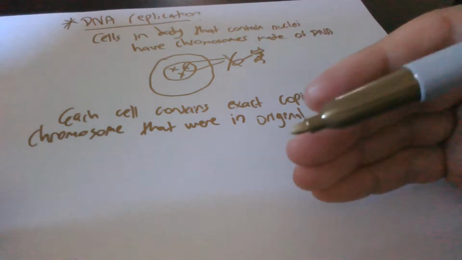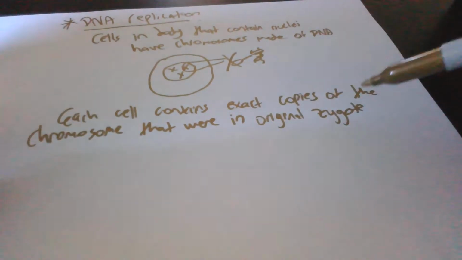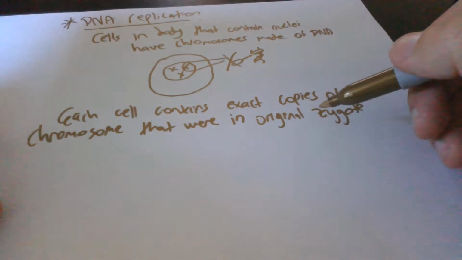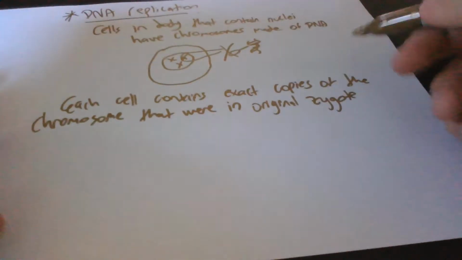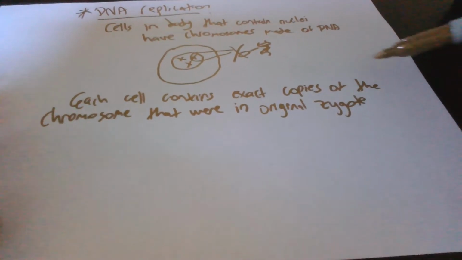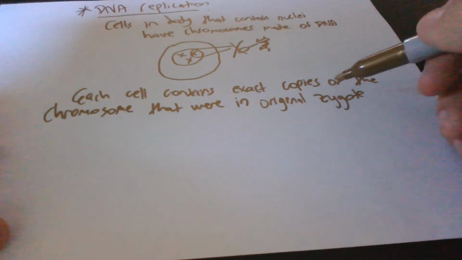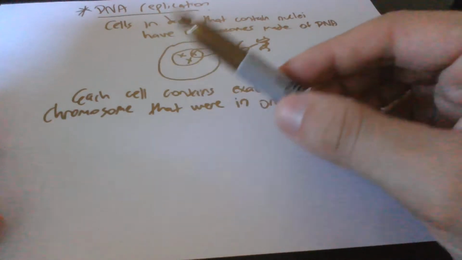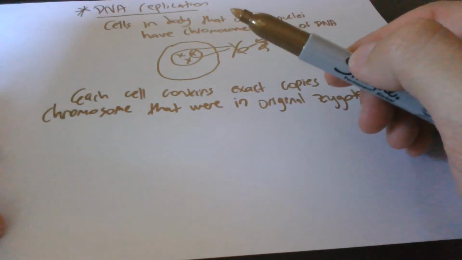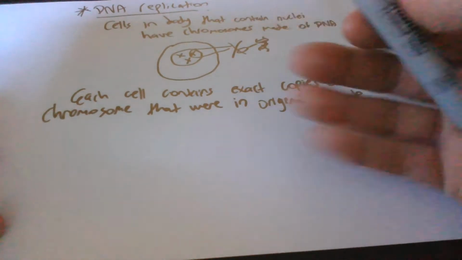When fertilization occurs with the sperm and the egg coming in, you get a zygote, right? So it's an egg basically. Each cell contains exact copies of the chromosomes that were in the original zygote. You get chromosomes from your mum and from your dad that become you. So the zygote is you.